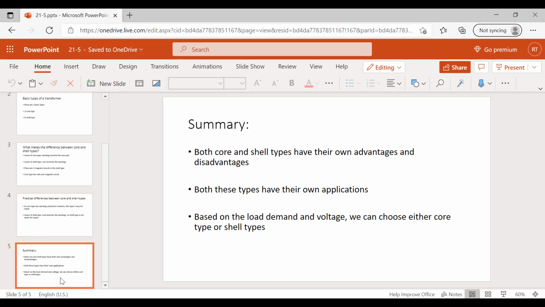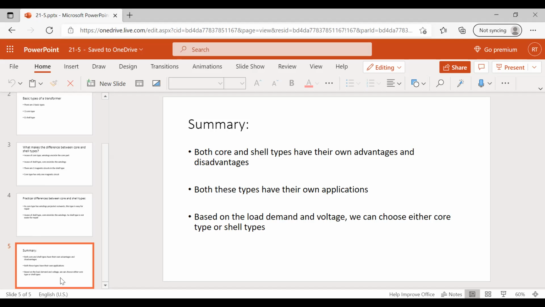So cooling of the core type of transformer is easier, whereas in the shell type, as the windings are totally covered by the core part, when you want to cool it, we may have to prefer other methods of cooling, which are not natural cooling. In comparison, both have their own benefits and unique applications.